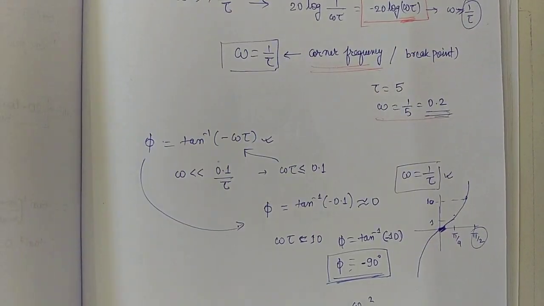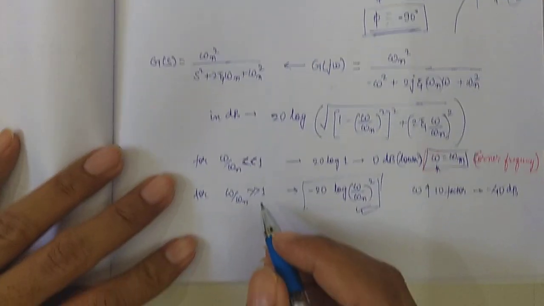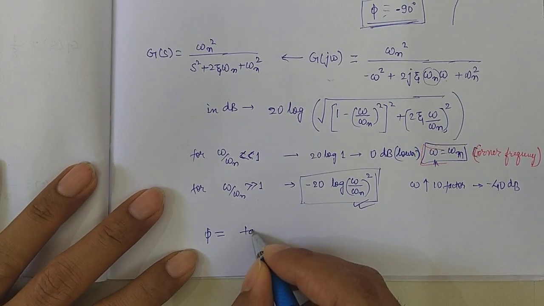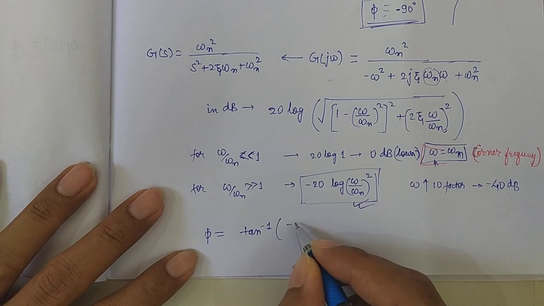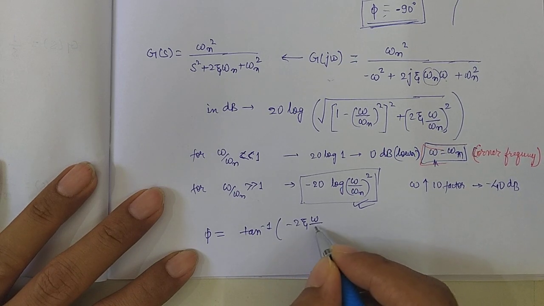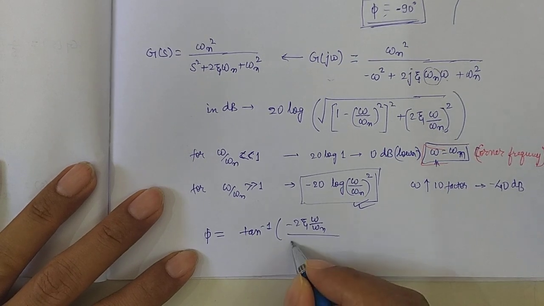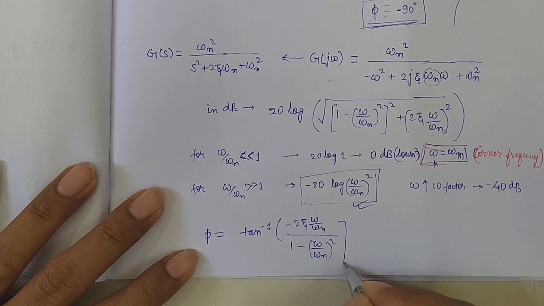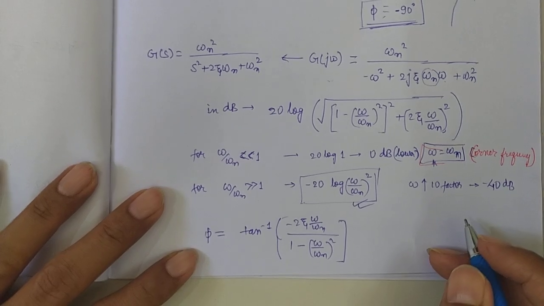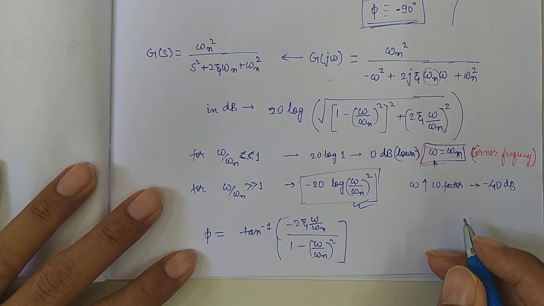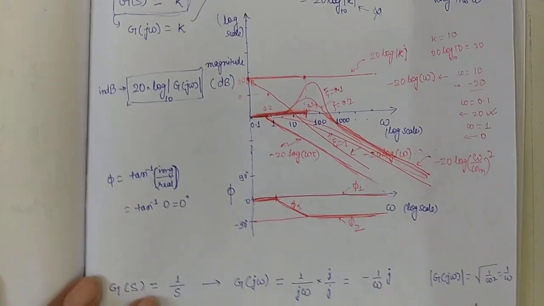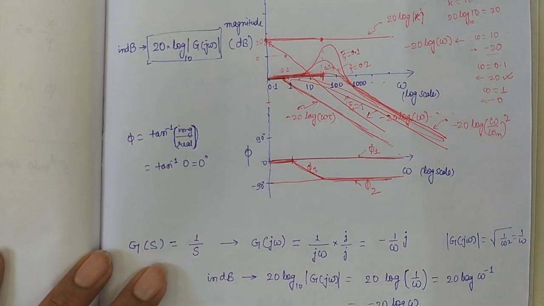And in reality we also incorporate such kinds of pictures. Similarly, if you do the analysis for the phi values, phi is equal to tan inverse of minus 2 zeta omega by omega n divided by 1 minus (omega by omega n) whole square. If you do the analysis properly, what you will get is something like this.